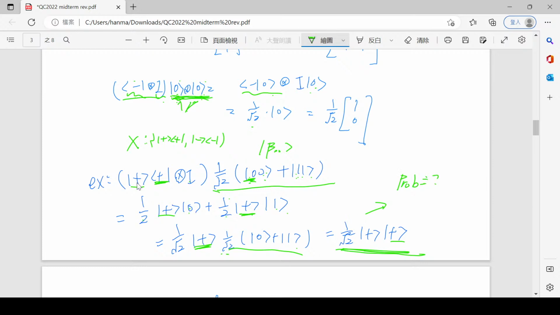Well, the probability will be the amplitude of this state, squared. The amplitude here is obviously this 1 over square root 2, so the probability will be 1 over square root 2 squared, so it's 1 over 2. And then the post-measurement state is you normalize all this. So the state should be this plus tensor plus. Okay.